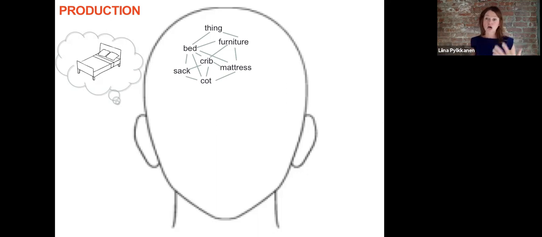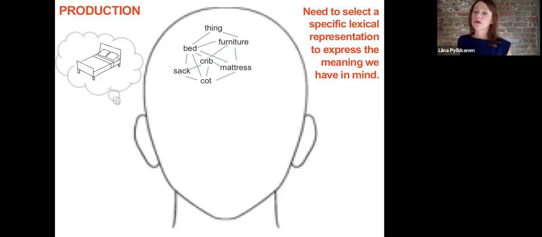So when we're talking or producing language, the task is not to figure out the right phonological form, obviously, although it's eventually part of it as well, but we need to select the specific lexical representation that we want to actually use to externalize that meaning.